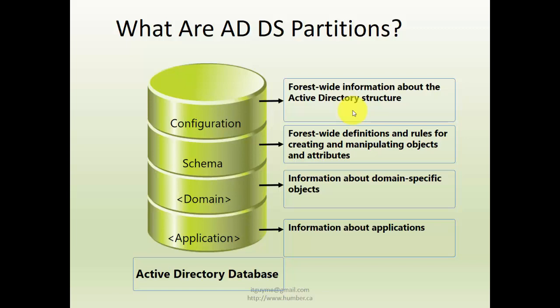Do you have two independent companies having a forest trust with each other and collaborating? Whatever is configured in the Active Directory infrastructure, the information of that can be replicated. The main thing to know here is that not all partitions replicate everything simultaneously. So suppose you created 50 users, that doesn't mean that schema will send updates and replicate as well.